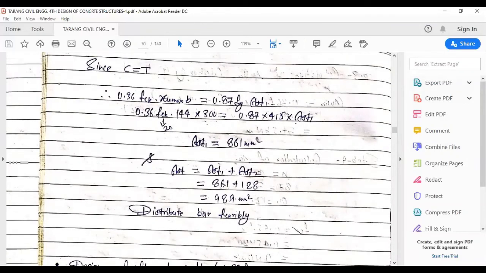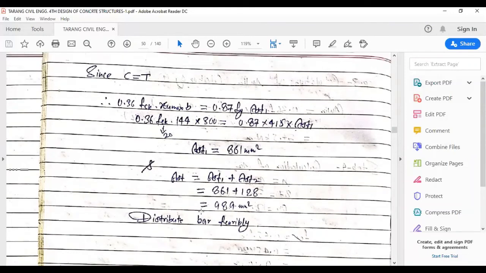This way, we can distribute the bars as per the requirement feasibly, as we have been doing in all the last sessions. You can assume the compression bars as say 10 mm, 12 mm, and you can assume tensile bars as say 20 mm.